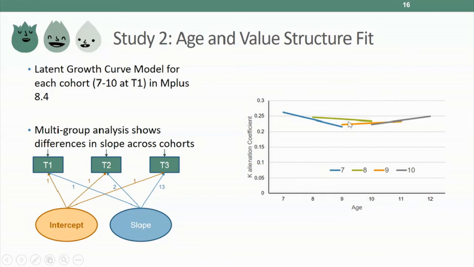There was not much change in the 8 and 9 year cohorts, but the 10-year-old children, who were 10 at the beginning of the study and grew until 12, increased in alienation coefficient. That means that their fit decreased over time. So we replicated the results from before at the within-individual level.